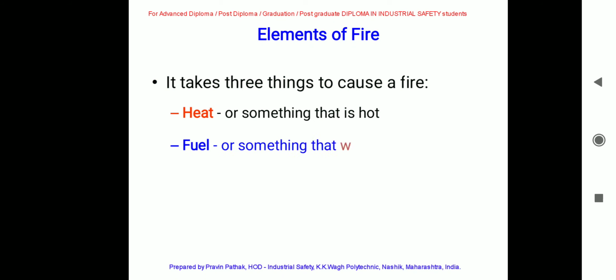The fire triangle has 3 sides, which are nothing but the 3 elements of fire. We already discussed them in the definition of fire. So these are the 3 elements, that is heat. Heat may be something that is hot. Fuel is something that will burn. Oxygen is the air that is all around us. So oxygen means indirectly air.